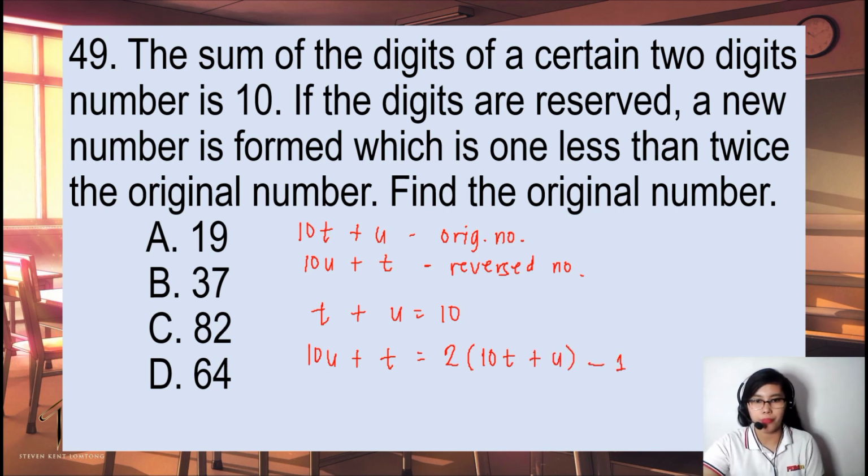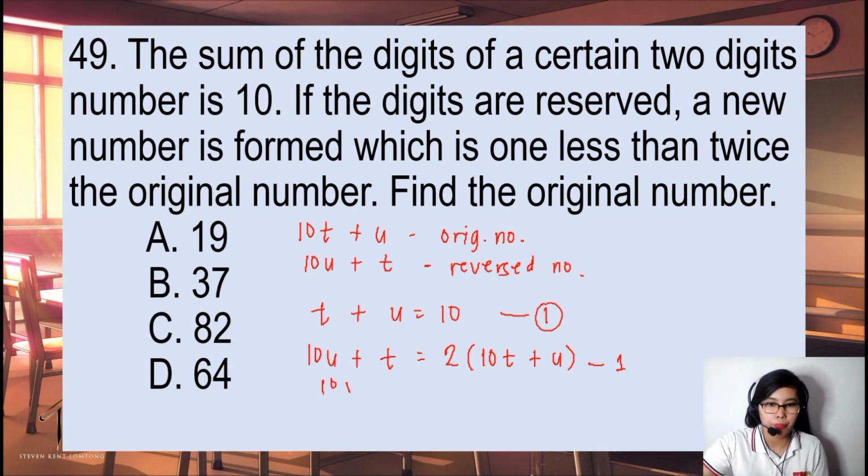Ayan. So we have here first equation and second equation. Let us simplify first. 10u plus t is equal to 20t plus 2u minus 1. Then we have 8u minus 19t equal to negative 1. So this is our second equation.